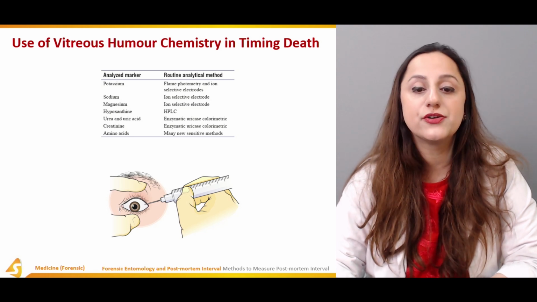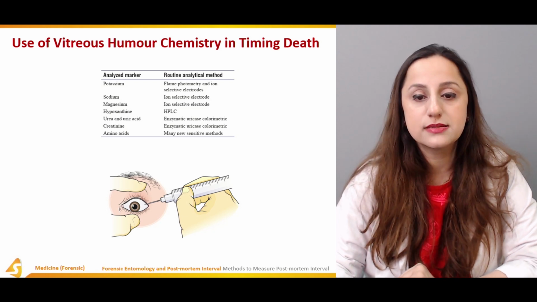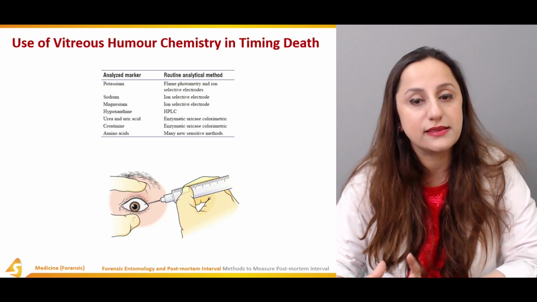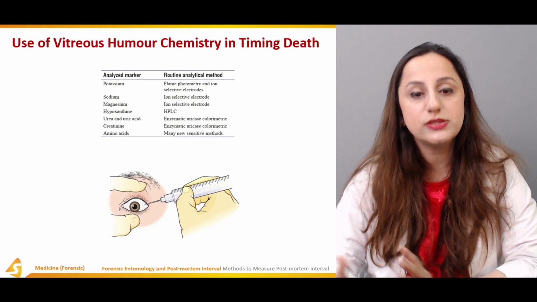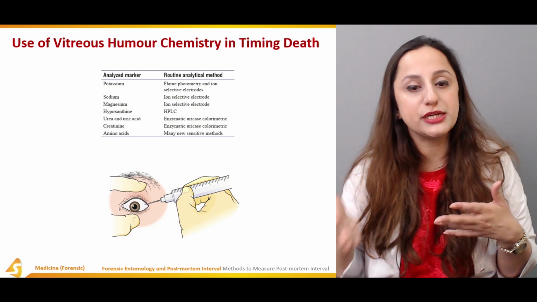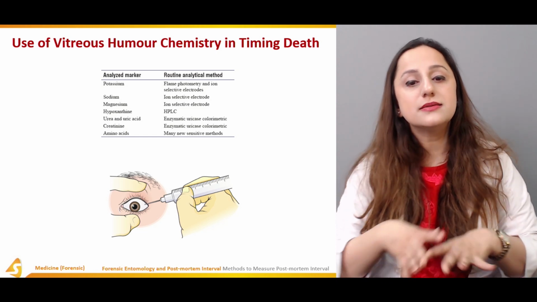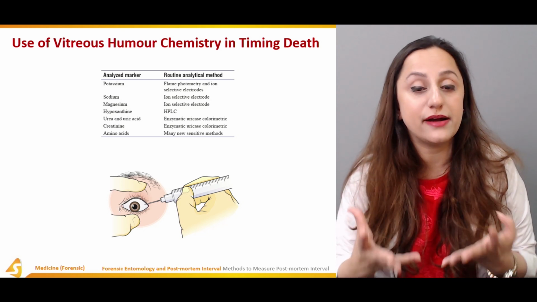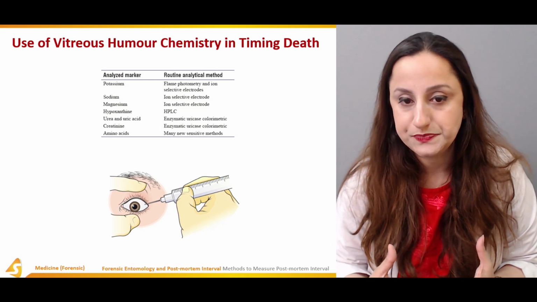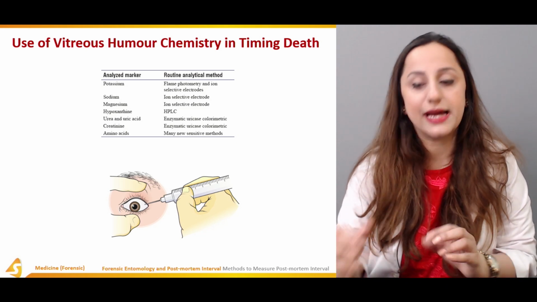And then we have the creatinine, which has the same properties, and amino acids. There may be many sensitive methods to determine them. So these are basically the markers: potassium, sodium, magnesium, hypoxanthine, urea, creatinine, amino acids. These are the changes that occur at the biochemistry level in a dead body, and they will also help in estimating the time since death.